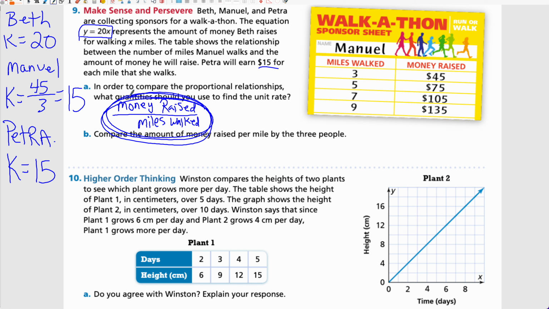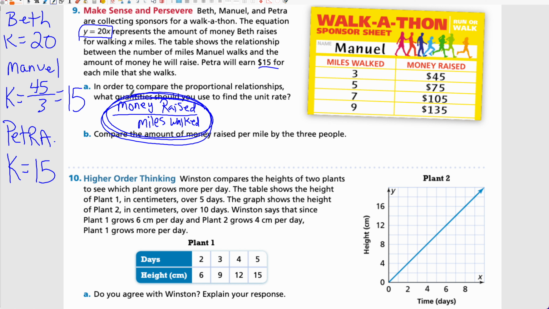For each one of these relationships, they did the same thing. Money raised divided by miles walked. That's always what we're going to do to get that number. They just did it for us on a couple of them and then gave us that number in a couple of different ways. One they gave us as a verbal statement, one they gave us as an equation. We had to calculate one of them. Oh my goodness. Right? Okay.